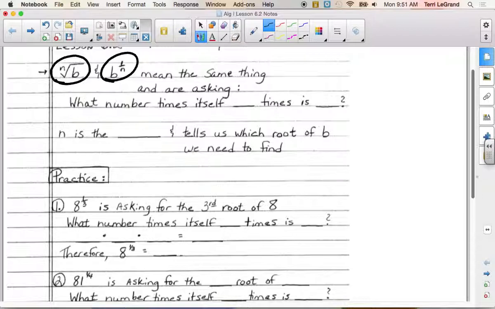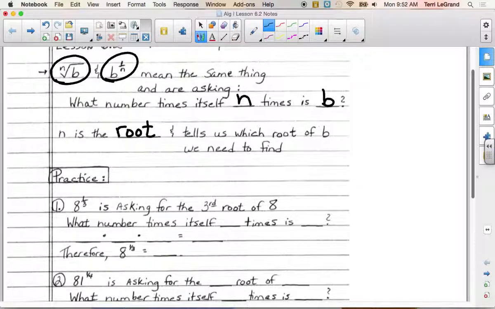What number times itself n times gives you b? We call n the root. What root do they want you to find? So n is the root and tells us which root of b we need to find.